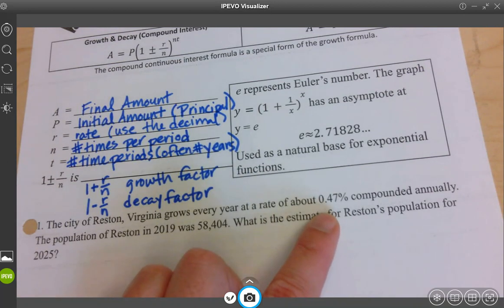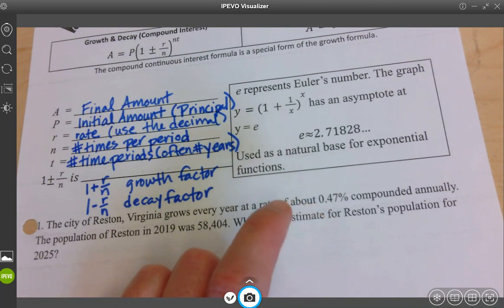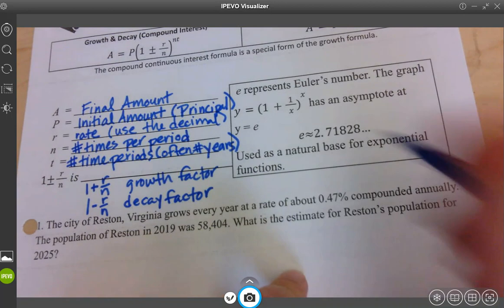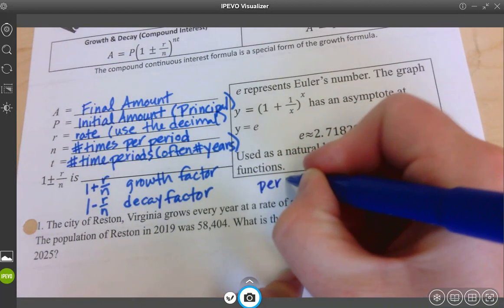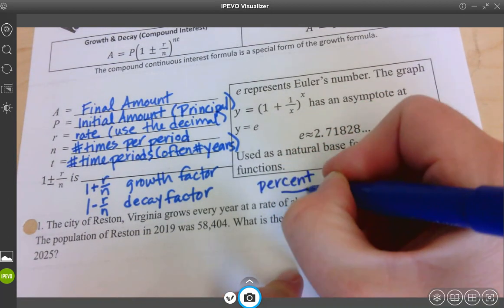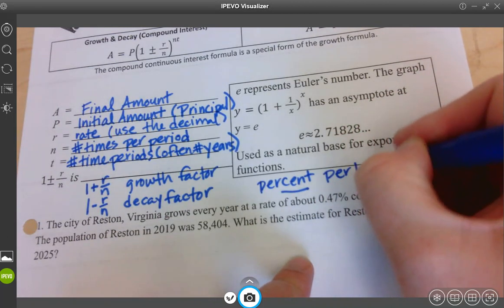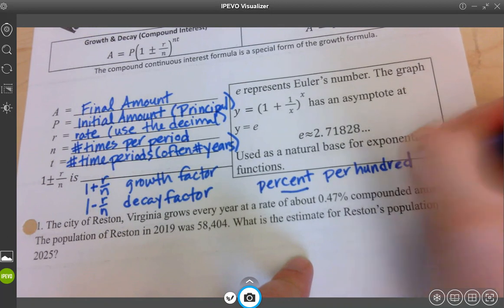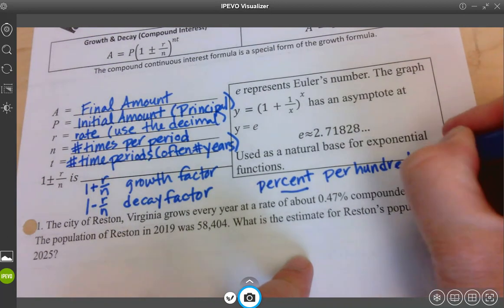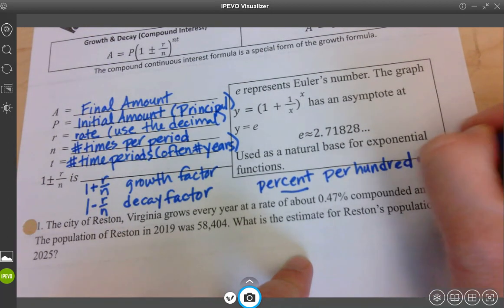So percent technically means per 100. So if you ever get tripped up and you're like, I'm not sure exactly what it is, you can divide by 100. So percent. The word cent means 100. So if you're not sure exactly where that decimal goes, you can do 0.47 divided by 100.